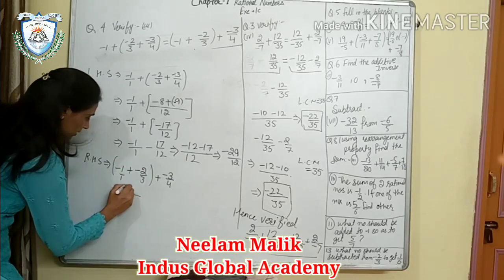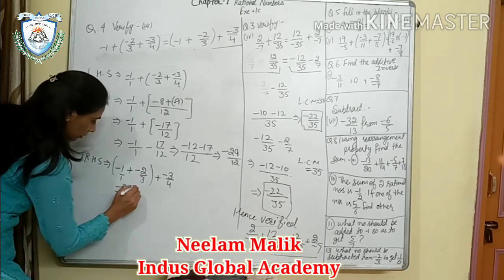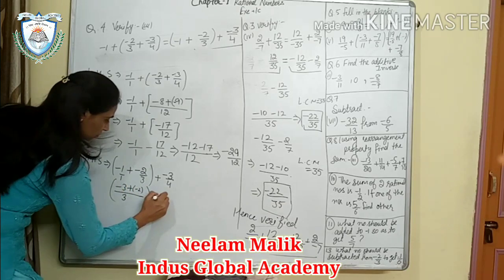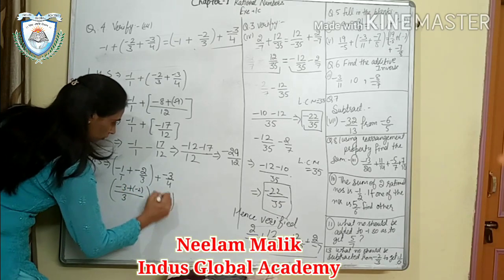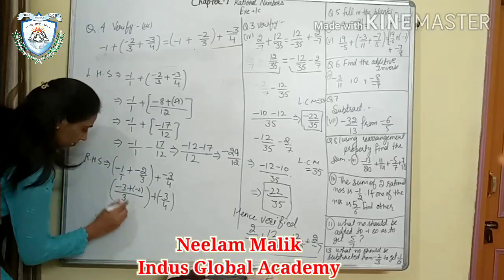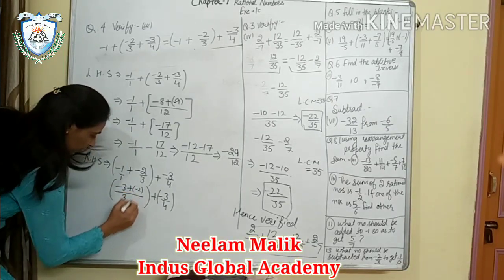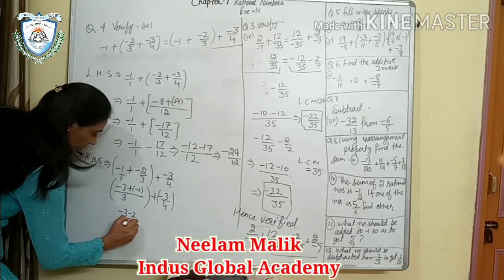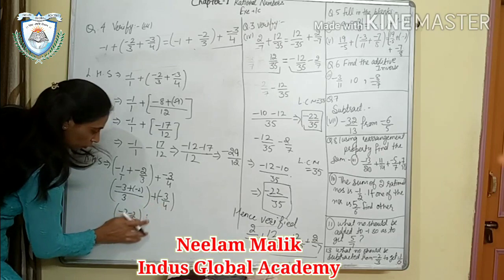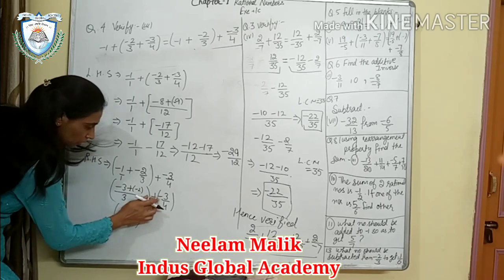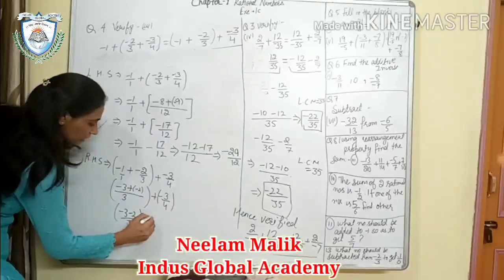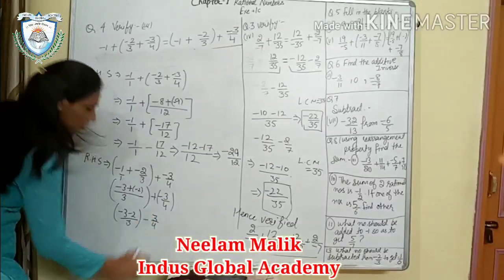It will be -3 plus -2 within bracket plus -3/4. Now I'm removing this bracket. Plus minus will be minus, so it will be -3/4.